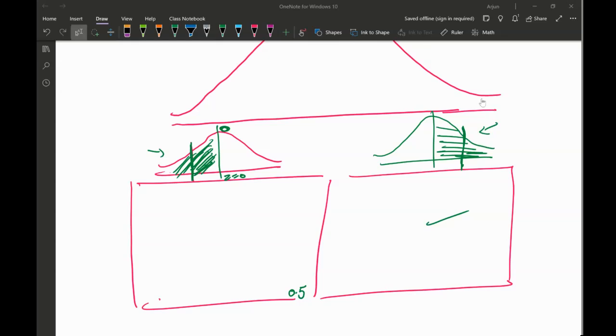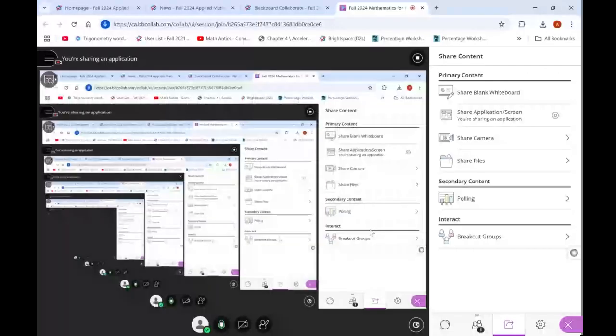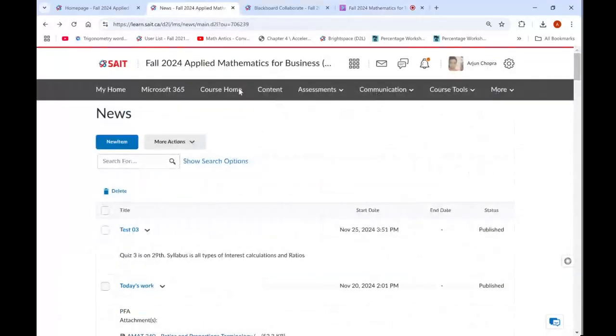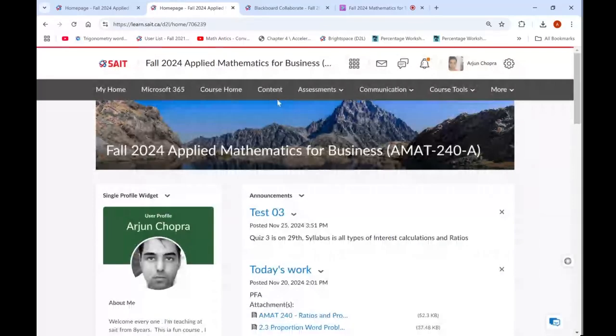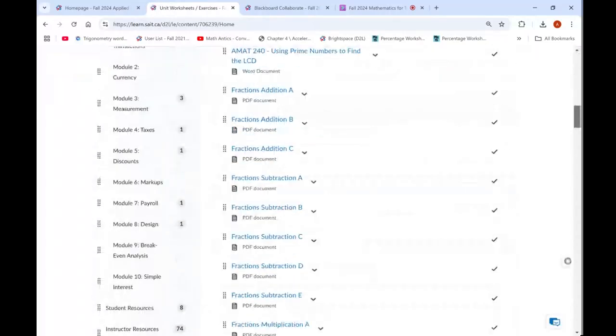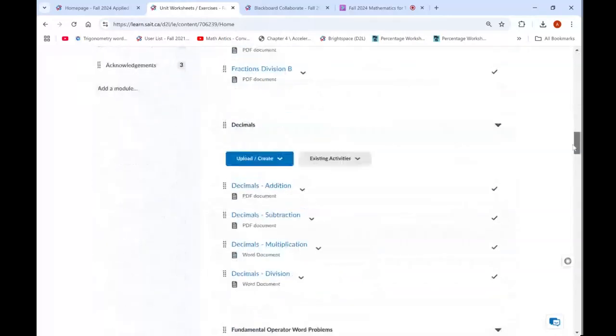So I'm going to share whiteboard, again Windows, and share the whole screen. Now it's going well. Now I'm going to go to the course homepage, and I will go under the content, and under the content I will be able to find the formula booklet.